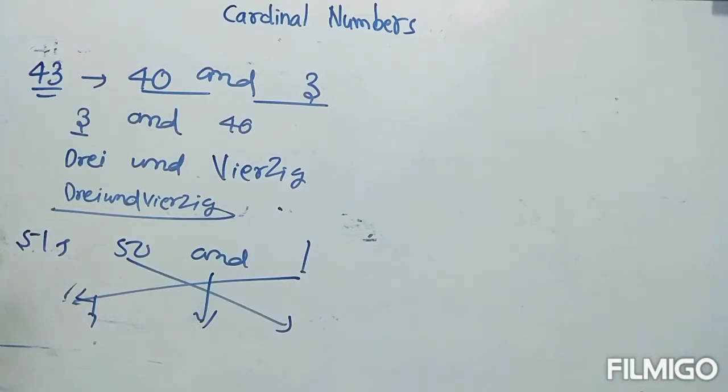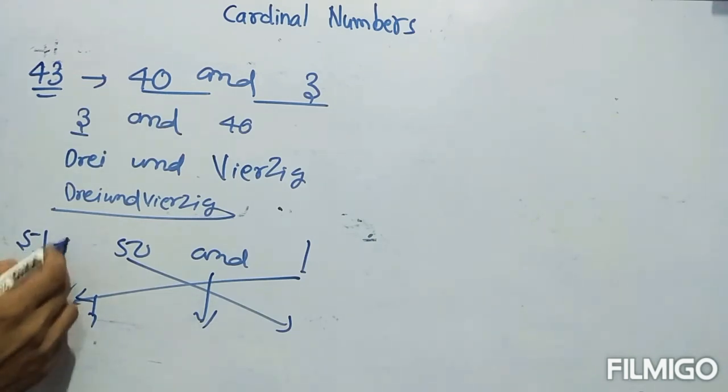Next also 60: 1 first, und, and 60. 60 is sechzig. Also 62, 2 first, then und and 60: zwei und sechzig. Same pattern we follow. 71 to 80, 81 to 90, 91 to 100.